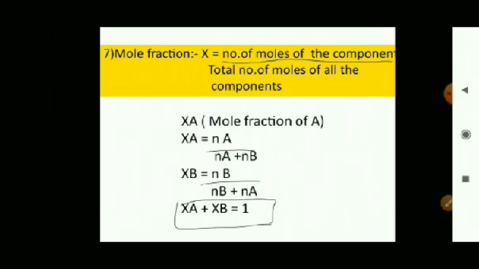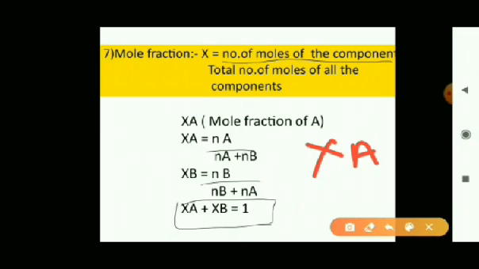For example, as I told you, in this unit we are going to consider only binary mixtures. How will we write the mole fraction of A? We will write XA.